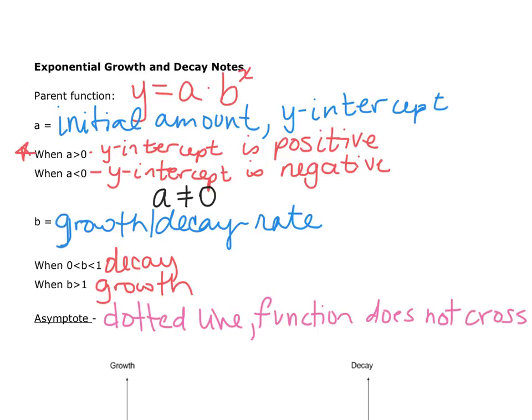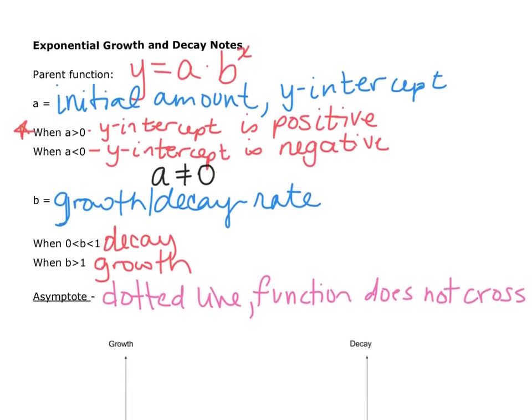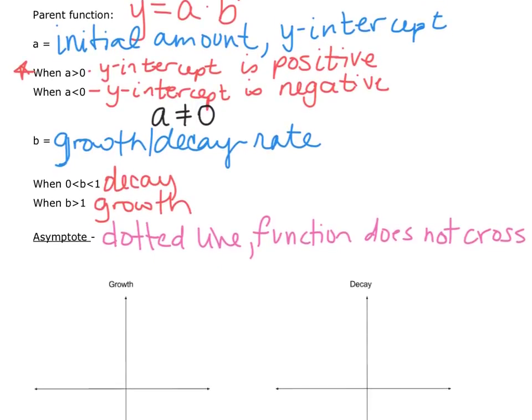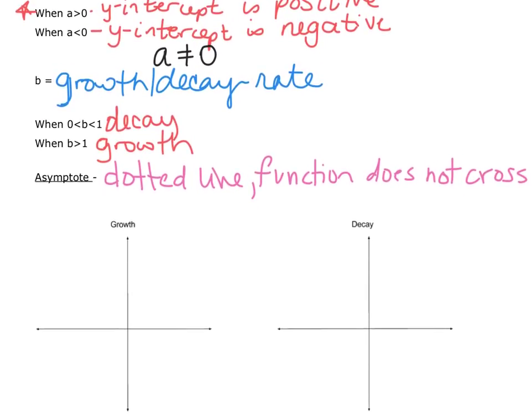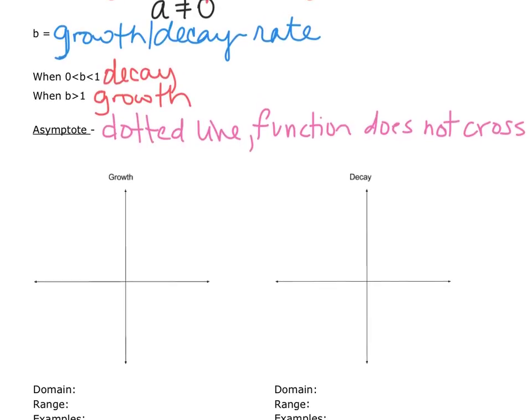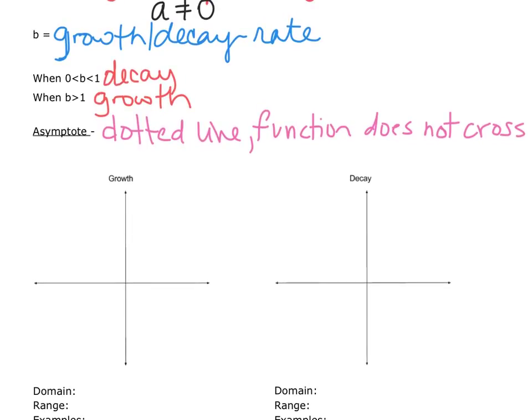All right, so I've got a space there for growth and a space for decay. So we're going to do one of each. I'm going to scoot this up just a little bit. There we go. So let's do an example of growth first. So growth, yesterday we talked about, if we're reading the graph from left to right, is the graph increasing to the right or decreasing?